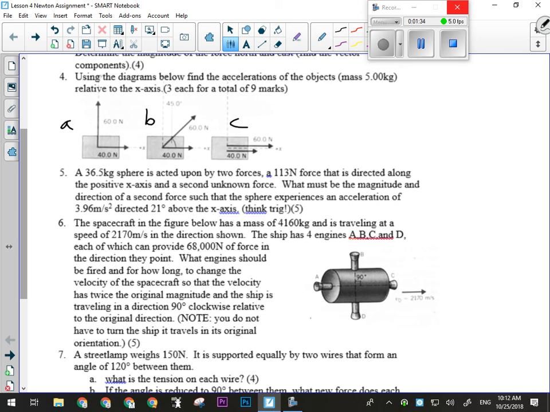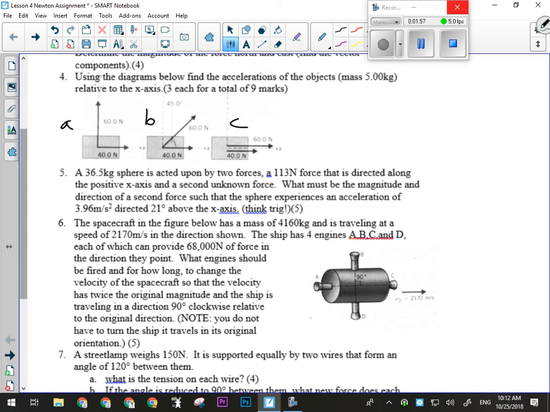Number 5 is also vector, but it's a bit tricky because you're going to have to go backwards. It's telling you that the acceleration of this object is 3.96 meters per second squared, 21 degrees above the x-axis. So you have the final acceleration, which you can use to calculate something else important. They're telling you that there are 2 forces that cause that.